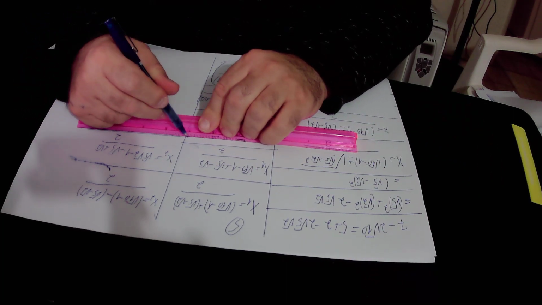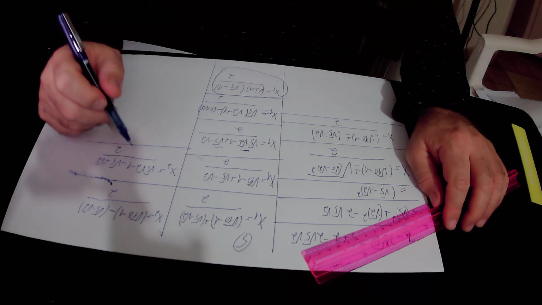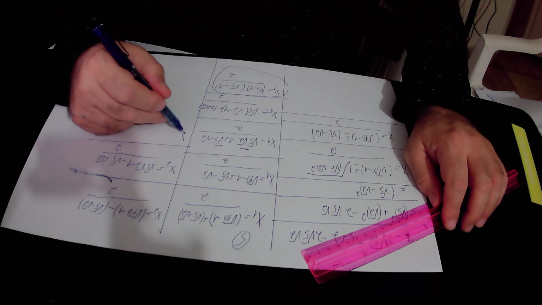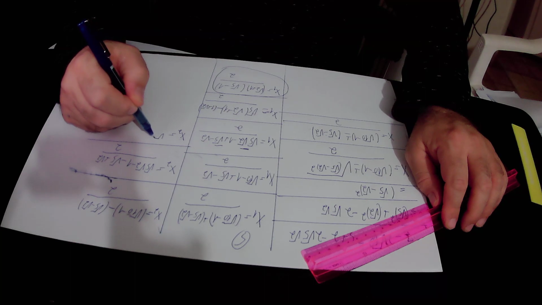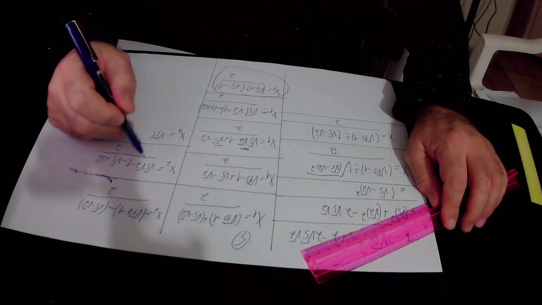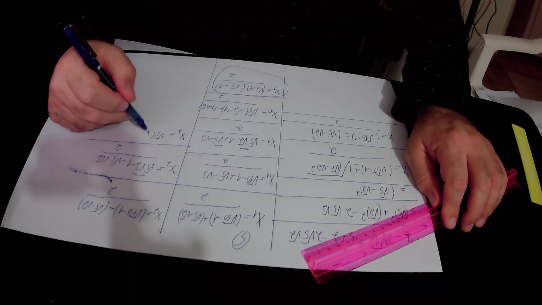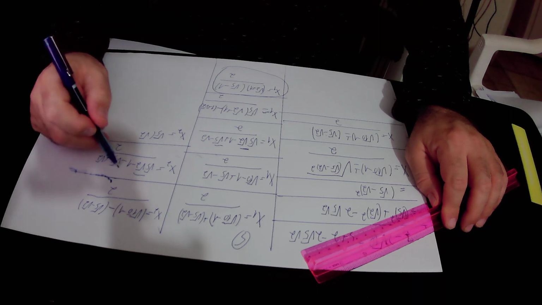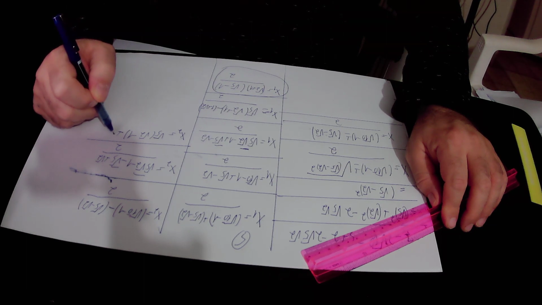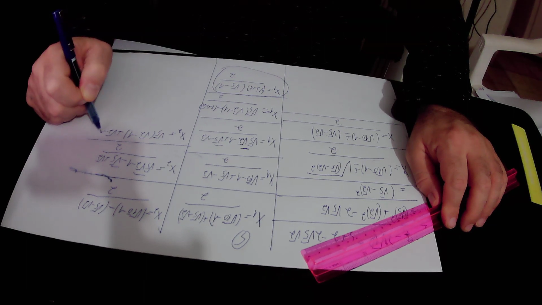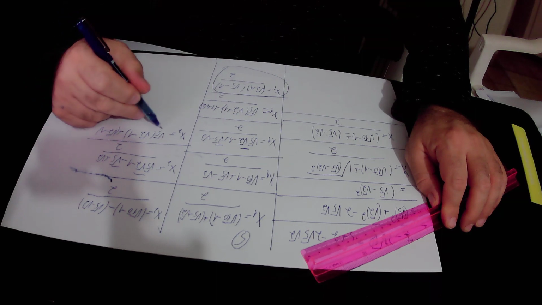Here we'll take square root of 5 as a common factor, and we will get that x2 equals square root of 5 was taken as a common factor. Inside the brackets we will have square root of 2 minus 1 plus square root of 2 minus 1, all divided by 2.